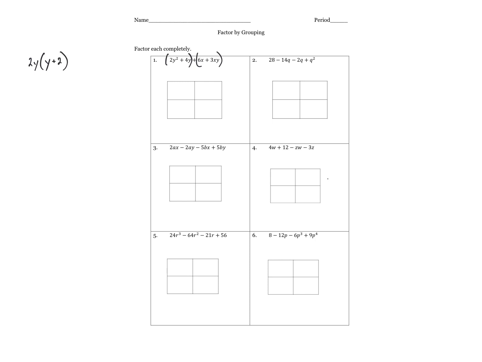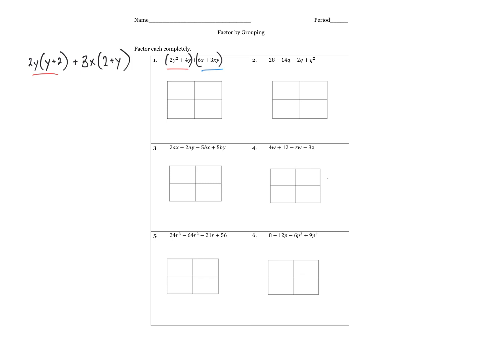All right, then look at the second group, 6x plus 3xy. 3x can be pulled out. And if you pull out 3x, you're left with 2 plus y.